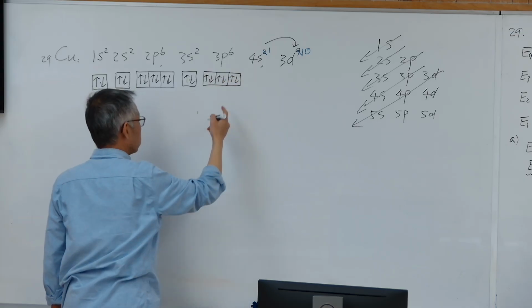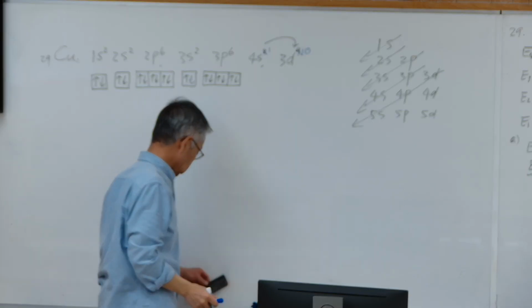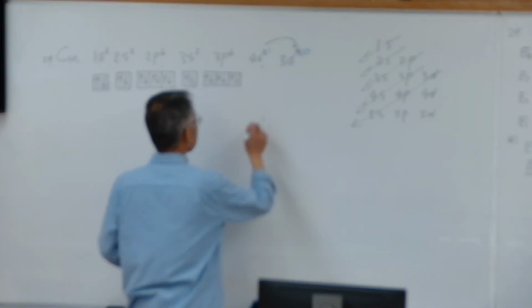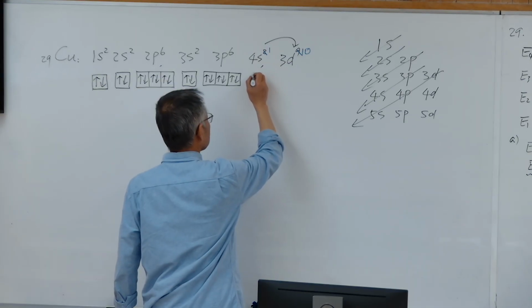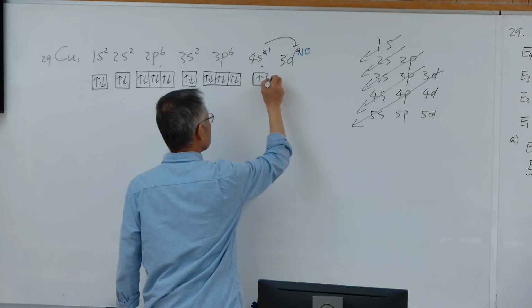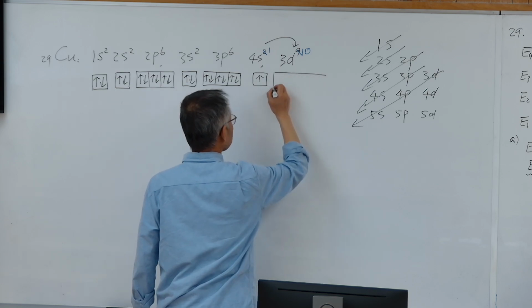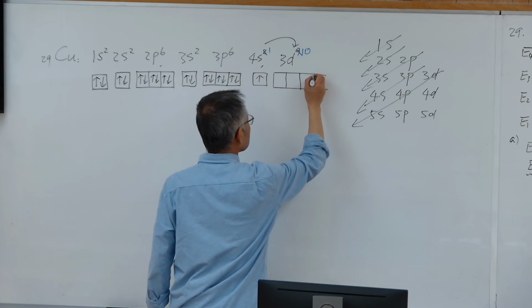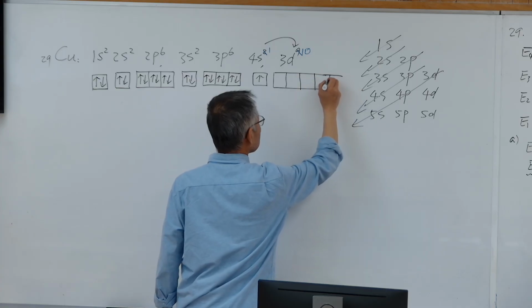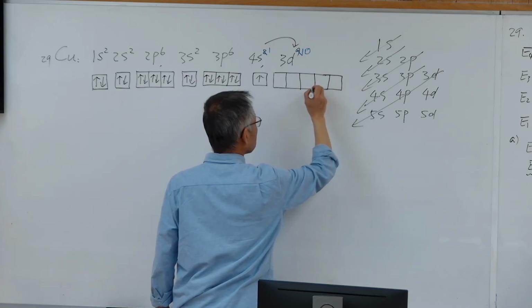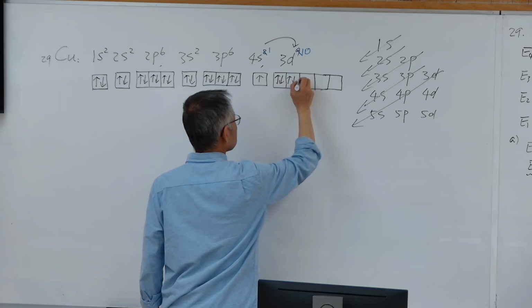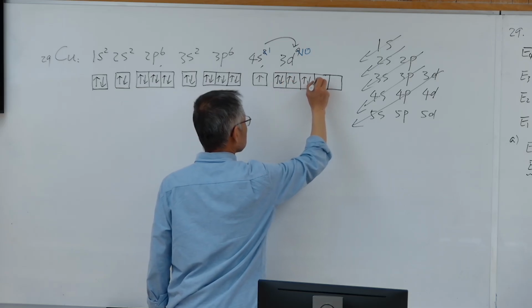Each orbital fills 2 electrons in opposite spin direction. Then 4s only 1 electron. And 3d, 5 orbitals, 10 electrons, so fill in 2 electrons in each orbital.